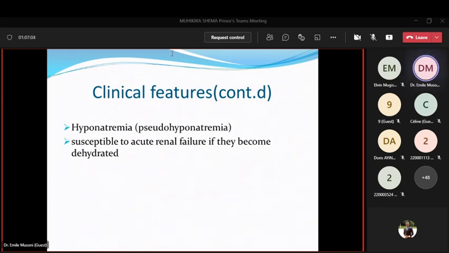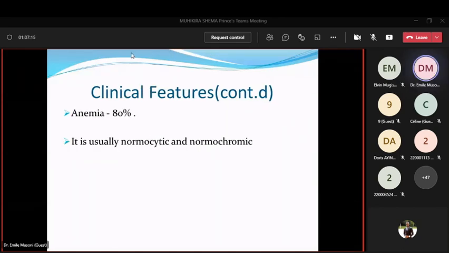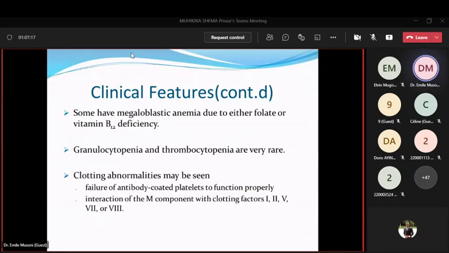Anemia is also found, normocytic and normochromic. Some have megaloblastic anemia, and you will see pancytopenia in your hematology. Clotting abnormalities may be seen, and deep vein thrombosis.